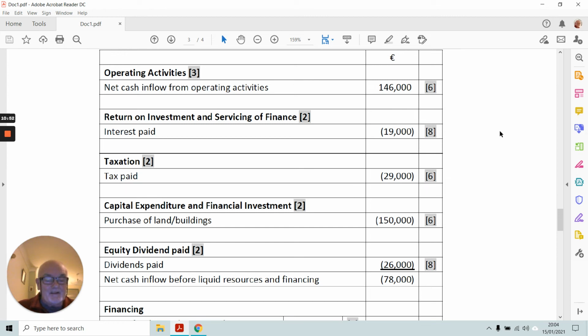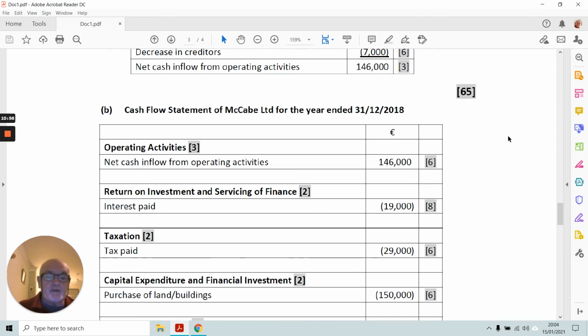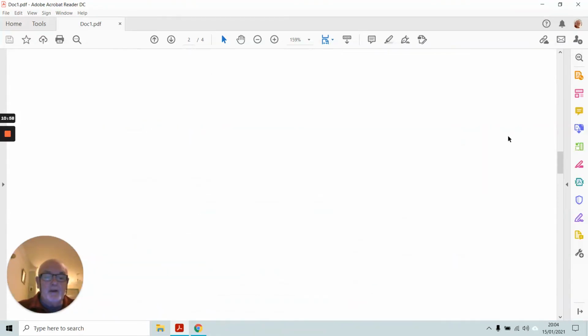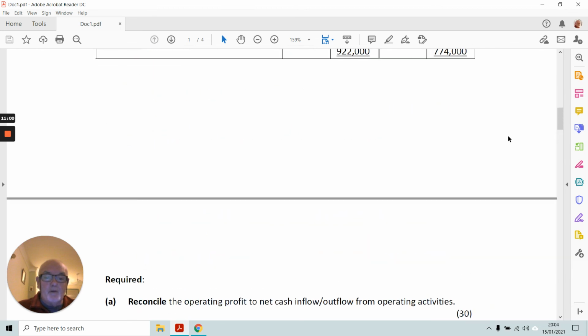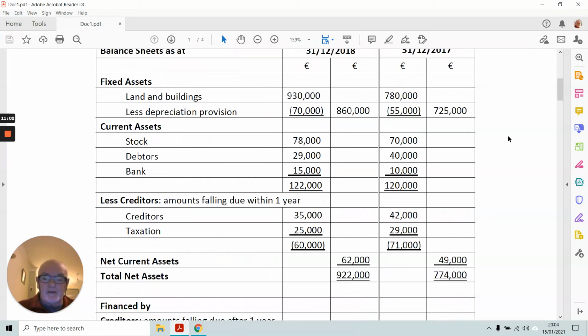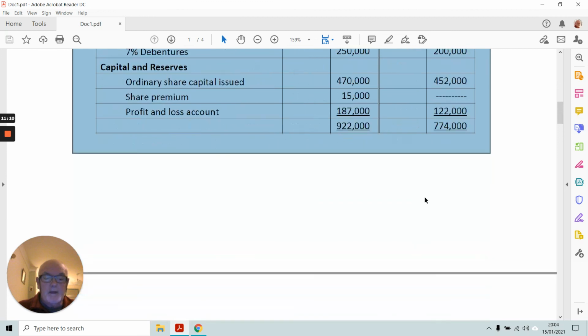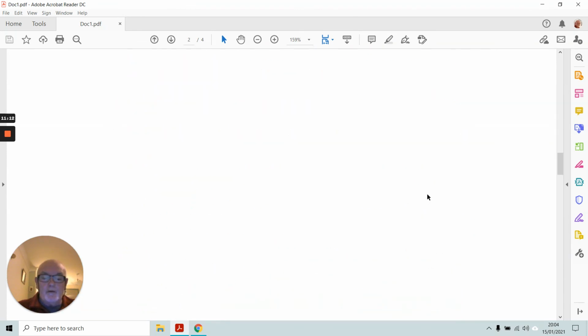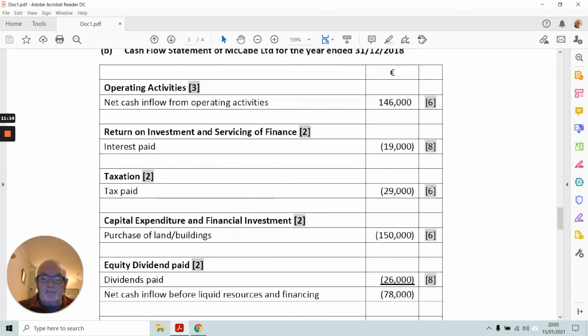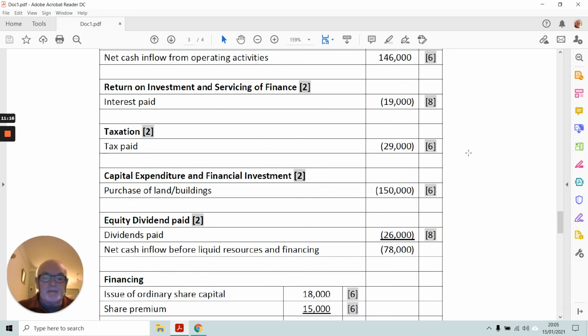That's this year's tax. We haven't paid that yet. The 29,000 there refers to the tax that we paid on last year's profit. We can see it in last year's balance sheet as a current liability. That tax there, the 29,000. So under the heading of taxation, we have tax paid 29,000.